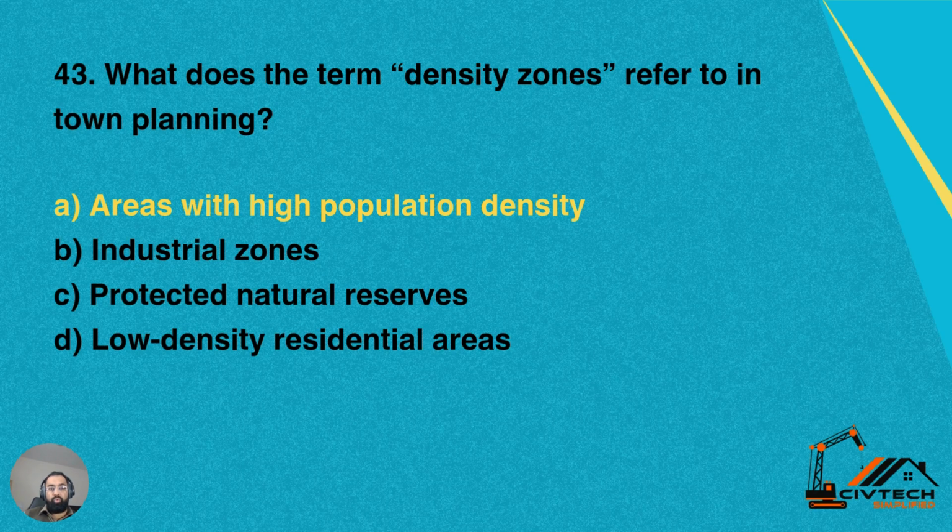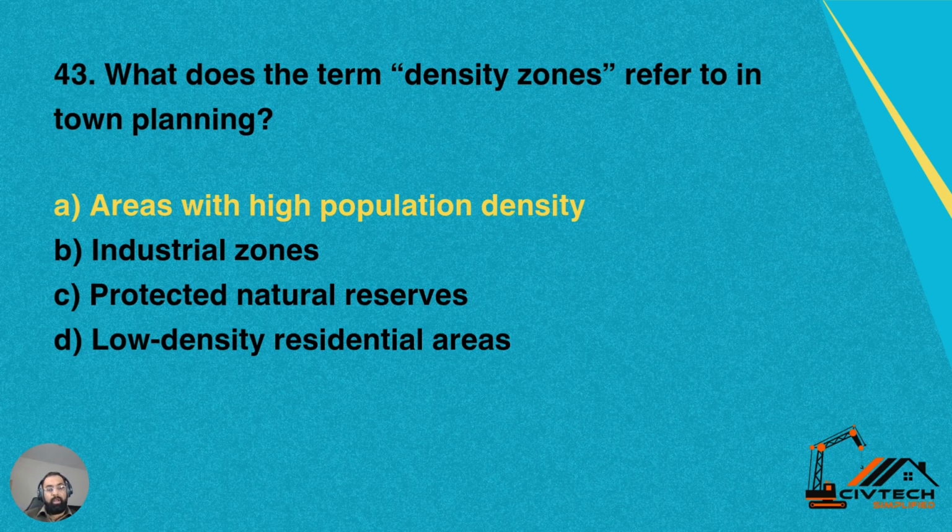Question number 43. What does the term density zones refer to in town planning? Number A, areas with high population density. This we already discussed. Density means a thickly populated area, more population in less space.